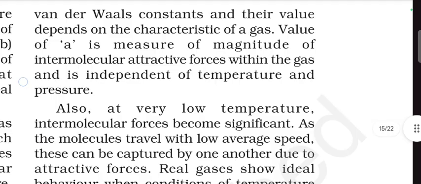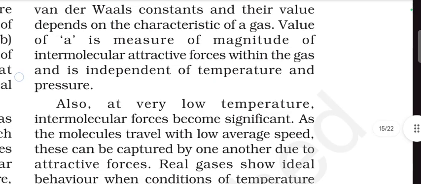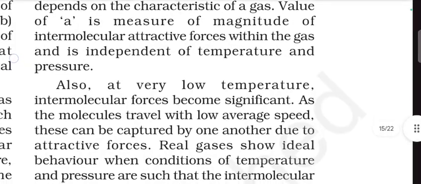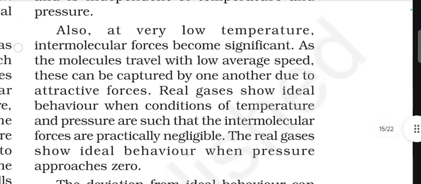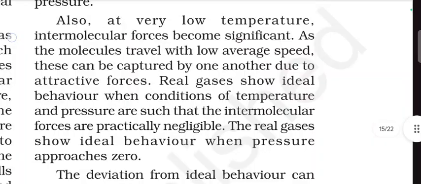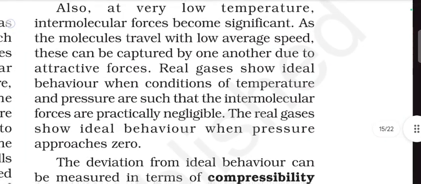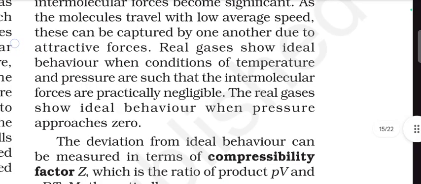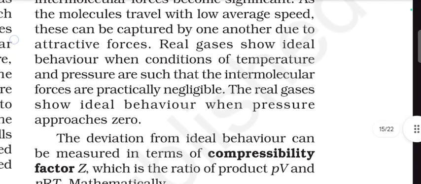Value of a is a measure of magnitude of intermolecular attractive forces within the gas and is independent of temperature and pressure. Also, at very low temperature, intermolecular forces become significant as the molecules travel with low average speed. These can be captured by one another due to attractive forces.